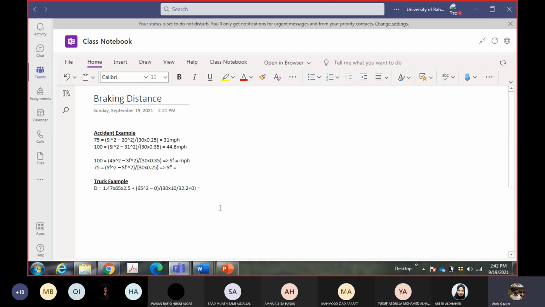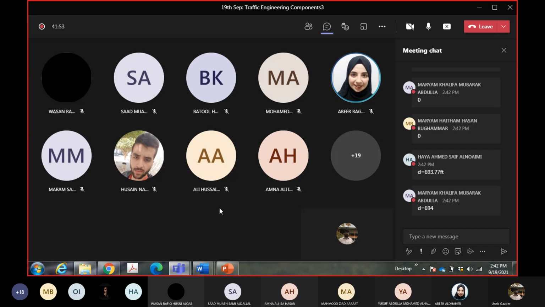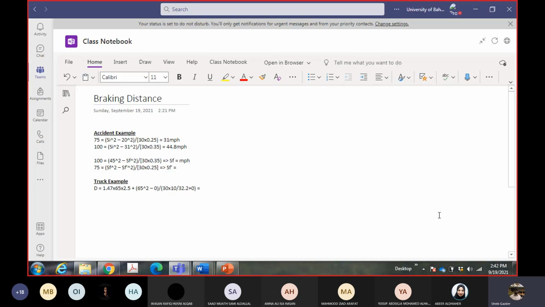Can you calculate quickly? 694 feet. So this is a variation: you are calculating distance instead of speed, and your final speed becomes 0.